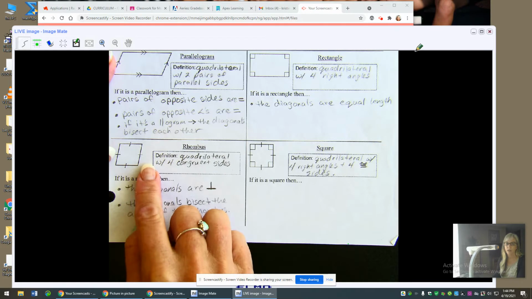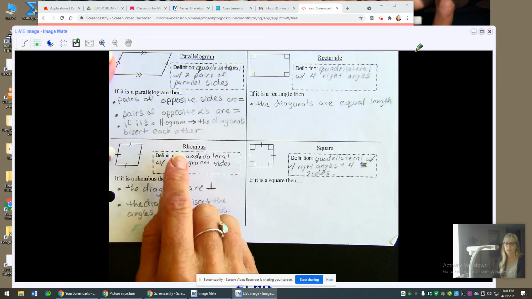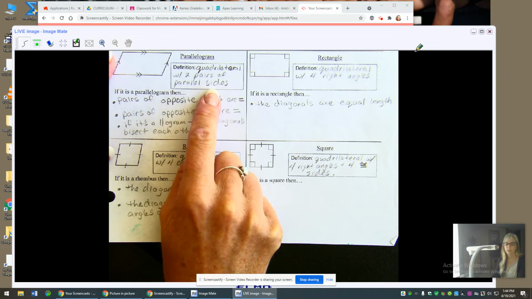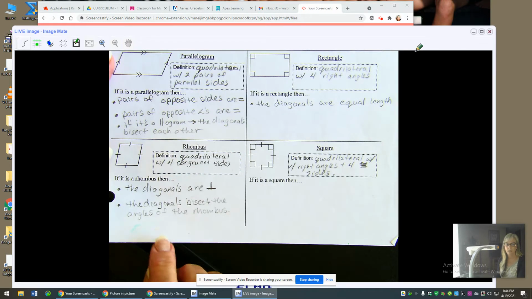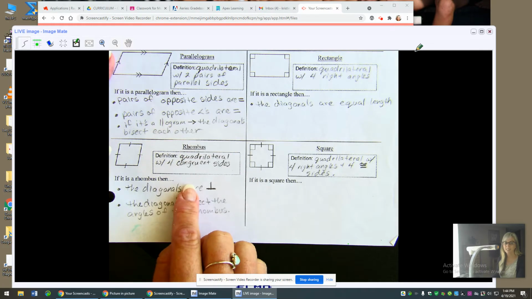But could it be a parallelogram? If it has two pairs of opposite sides parallel, and sure enough it does, although I haven't written that, we could write it. I think I know why I didn't write them, because it falls under the umbrella of quadrilateral and parallelogram. So again, a rhombus is a parallelogram. It's just a different type of parallelogram. It has two pairs of opposite sides that are parallel.